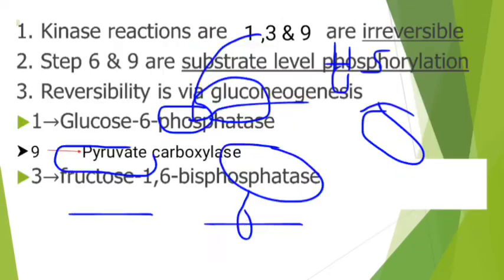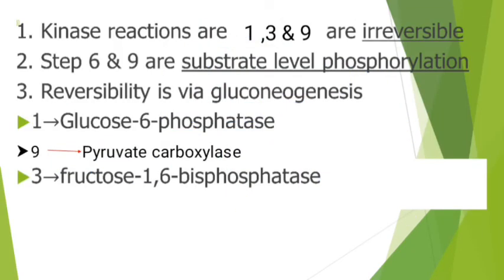Okay. Summarily, the irreversible kinase reactions are step 1, step 3, and step 9. Recall, the whole kinase reactions in the glycolytic pathway are 4: step 1, step 3, step 6, and step 9. However, step 6 is reversible. Steps 1, 3, and 9 are irreversible.